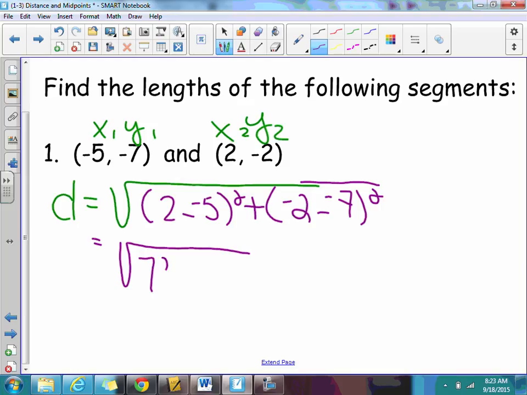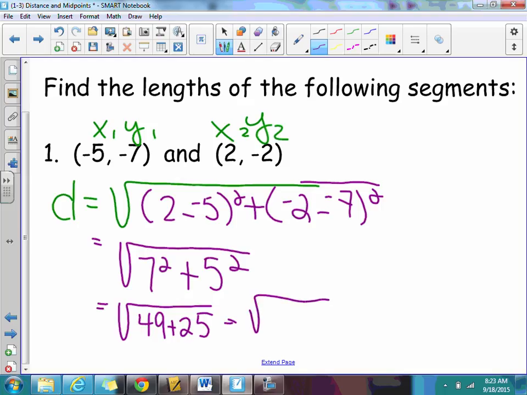So it's 7 squared plus 5 squared, which is 49 plus 25. 74.